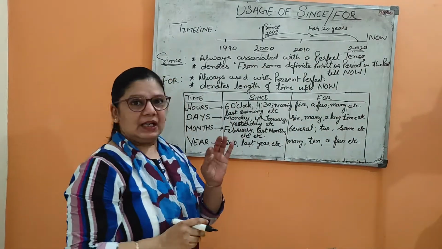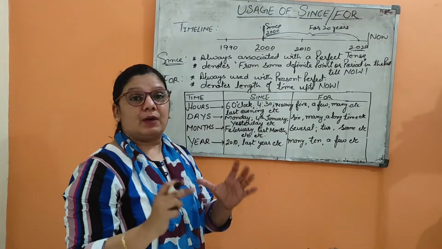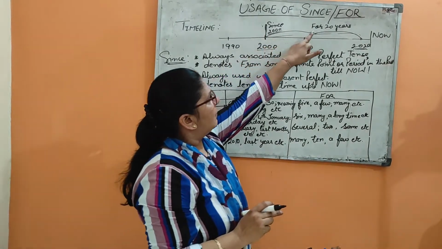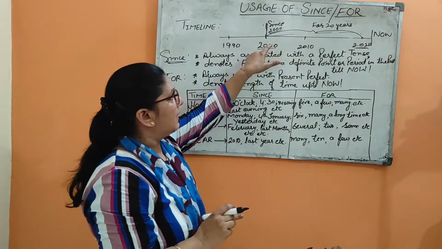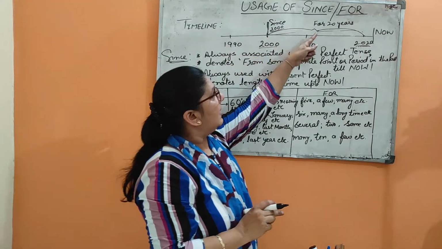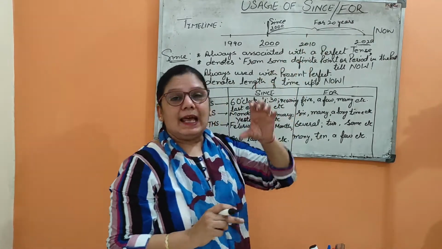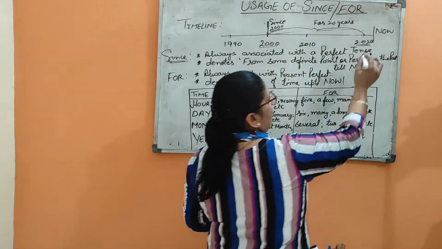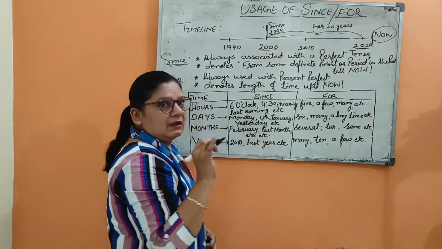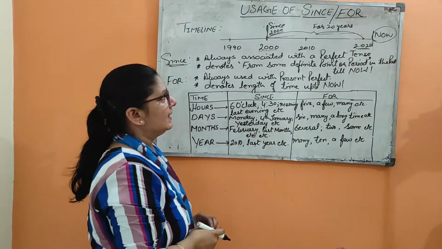This is not a particular year, this is a lapse of time, a period of time. So since and for are differentiated by writing a particular year here, and a lapse of time here. And this is your present situation. This is about a timeline to give you a little concept of using since and for.